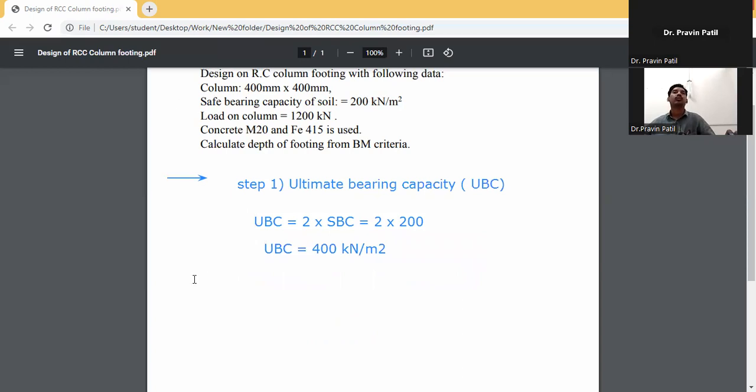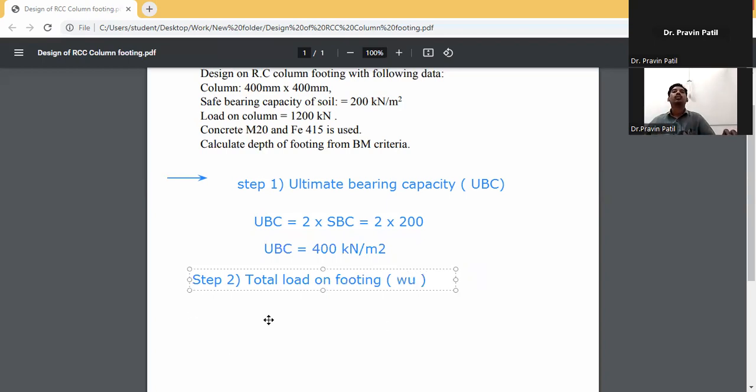Then step number 2, total load on footing, that is in bracket WU. Okay.